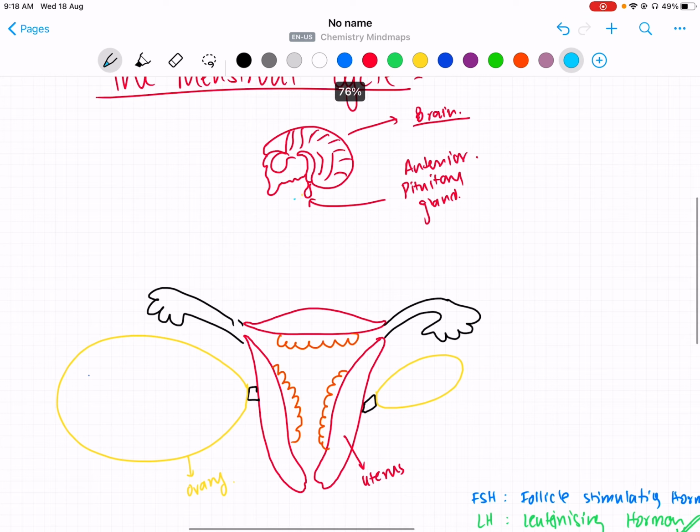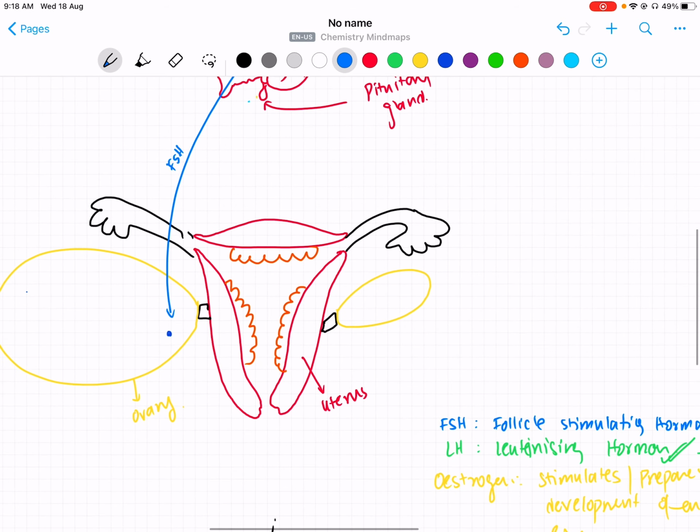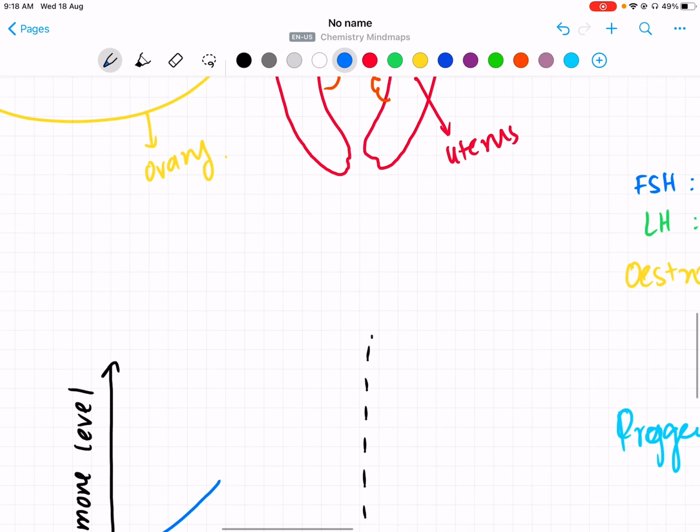Starting off, the brain is going to produce FSH. Let me just draw a little gamete here. This little gamete is undeveloped, and that's what we need FSH for, to develop it. So the brain releases FSH, and there's a slight increase in FSH level.